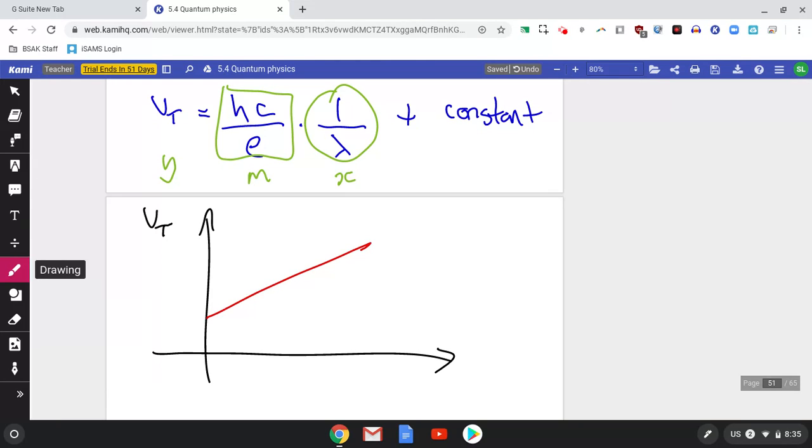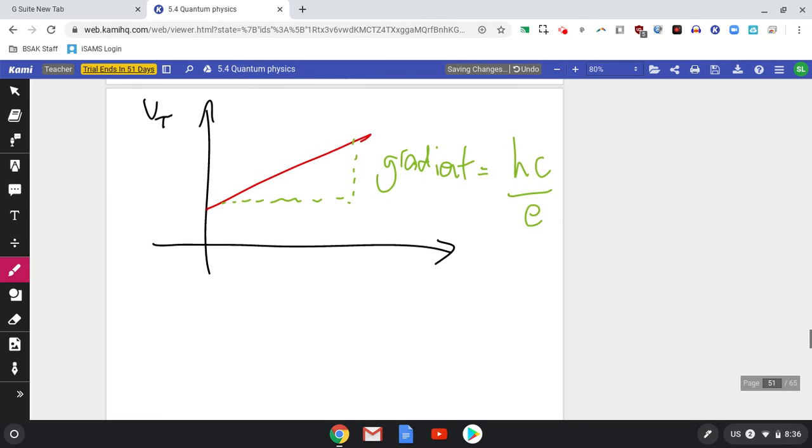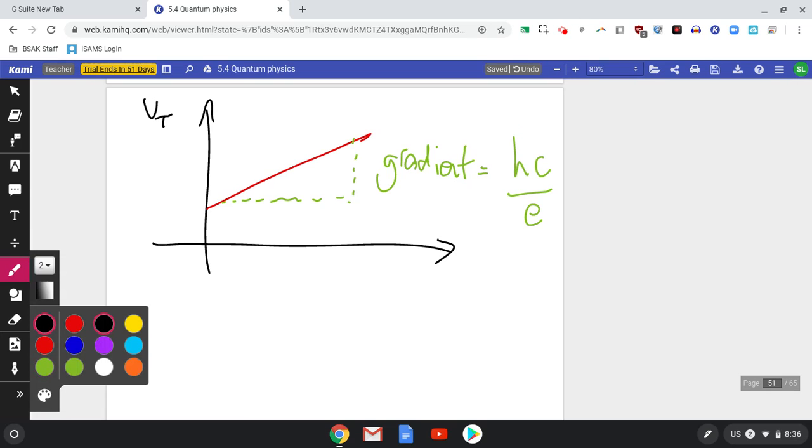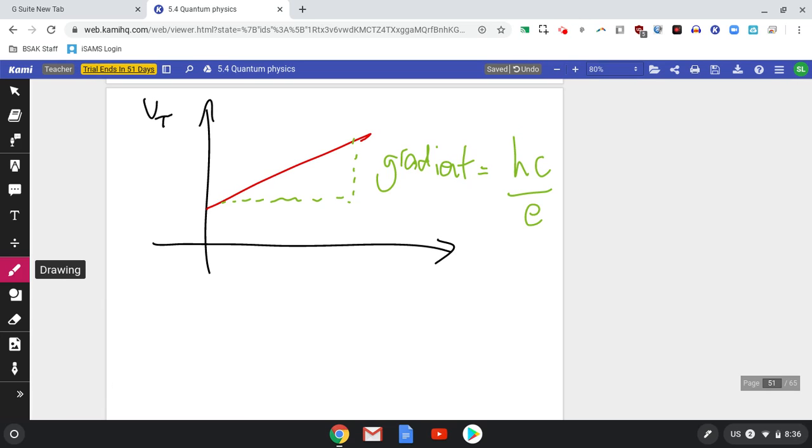Where the gradient equals hc over e. Okay, but we're not plotting frequency on the x-axis. I want you to plot 1 over wavelength.